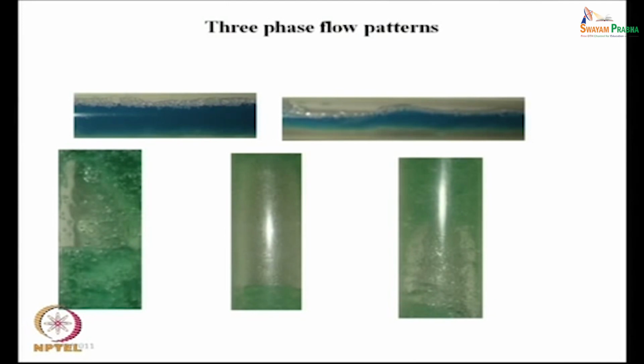One is water continuous oil dispersed, other is oil continuous water dispersed, other is an emulsified flow pattern. Both for vertical as well as horizontal, we find these particular situations. Usually the range of slug flow increases here, and the distribution in the liquid slug can be oil dispersed in water, water dispersed in oil, or a stratified emulsified situation.